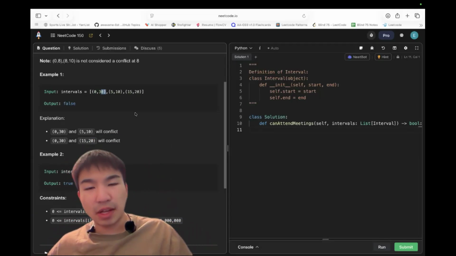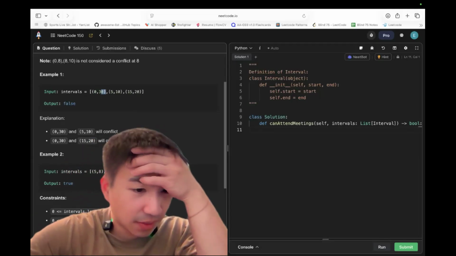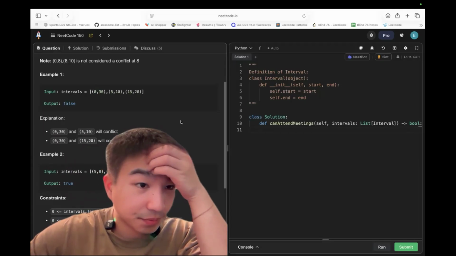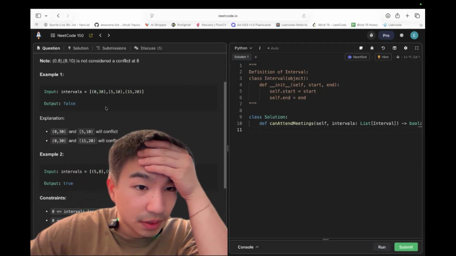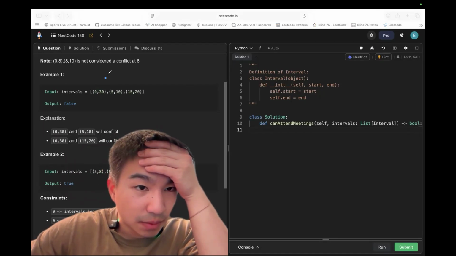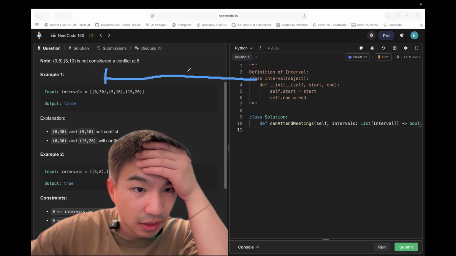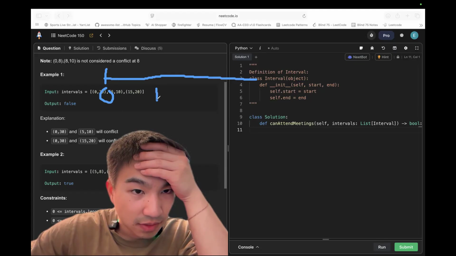If we map it out, let me try to draw it. So we could talk about this interval. It could be something like a timeline, and let's say this is 0, and this is 10, and this is 30.